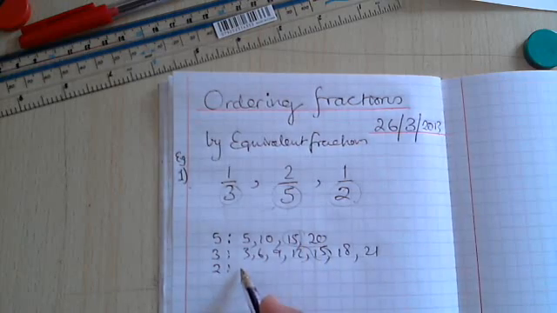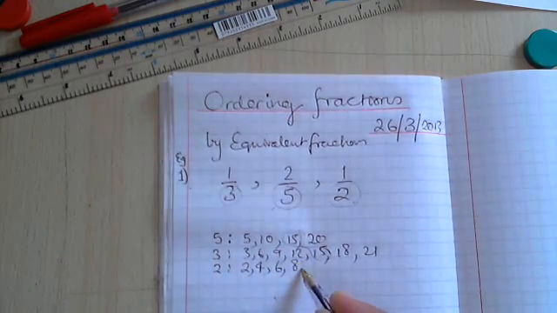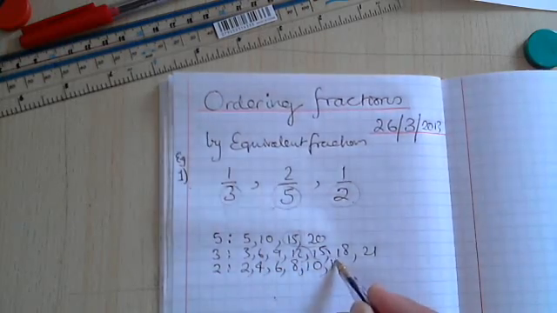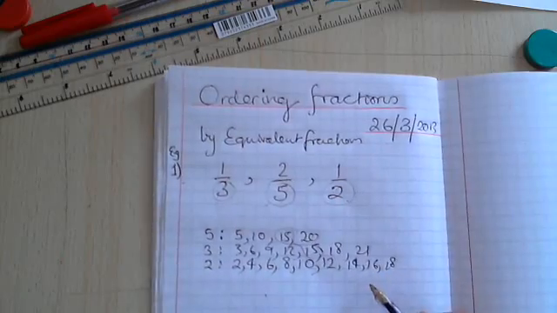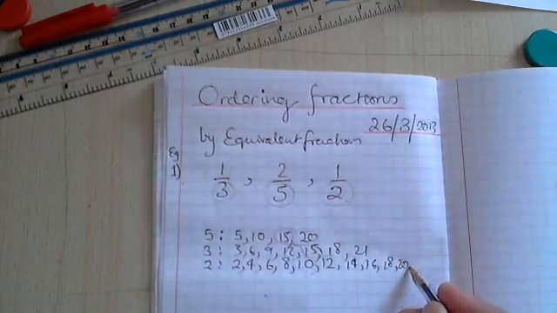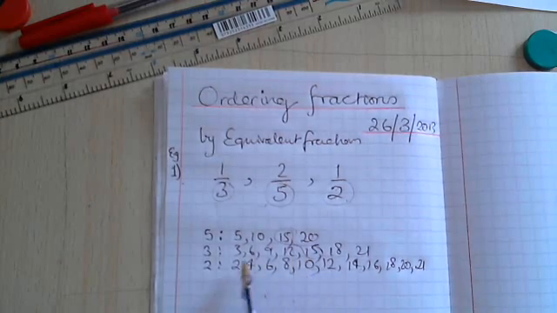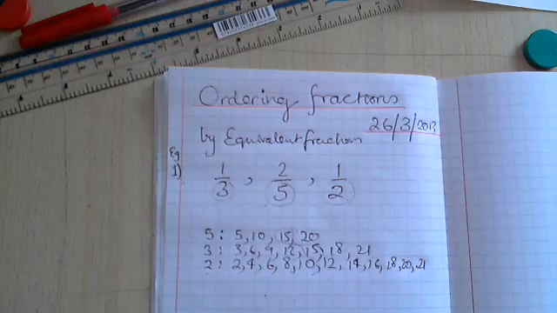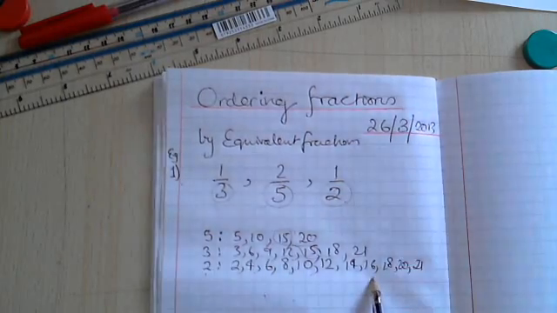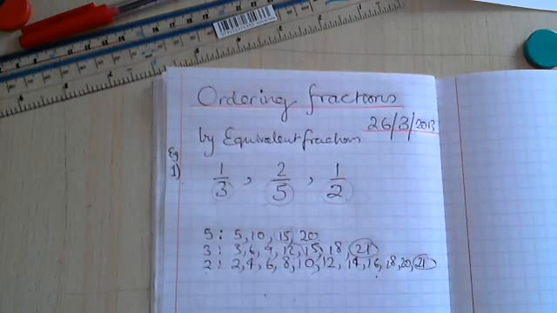That's good. If you look at 2, we have 2, 4, 6, 8, 10, 12, 14, 16, 18, 20, 21. Okay, now 5, 3, and 2 at the moment. What do they match in? They match in 15, but not 15 on the bottom. They match in 21 here, but not 21 on the top.